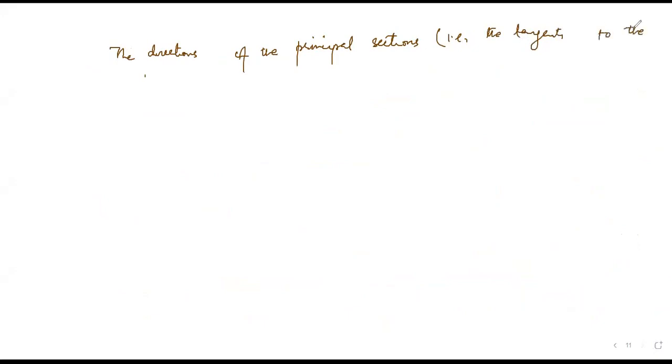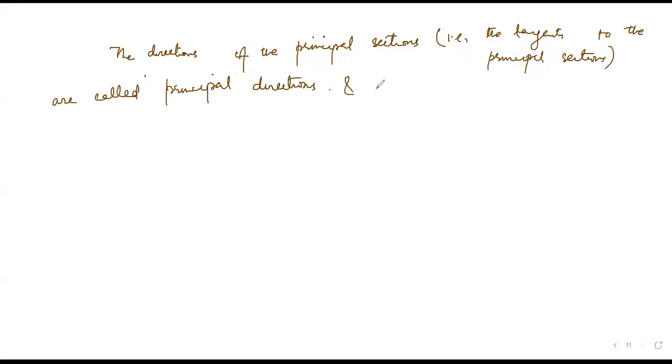Tangents to these curves to the principal sections are called principal directions. And they are mutually orthogonal, जो कि हम आगे दिखाएंगे.